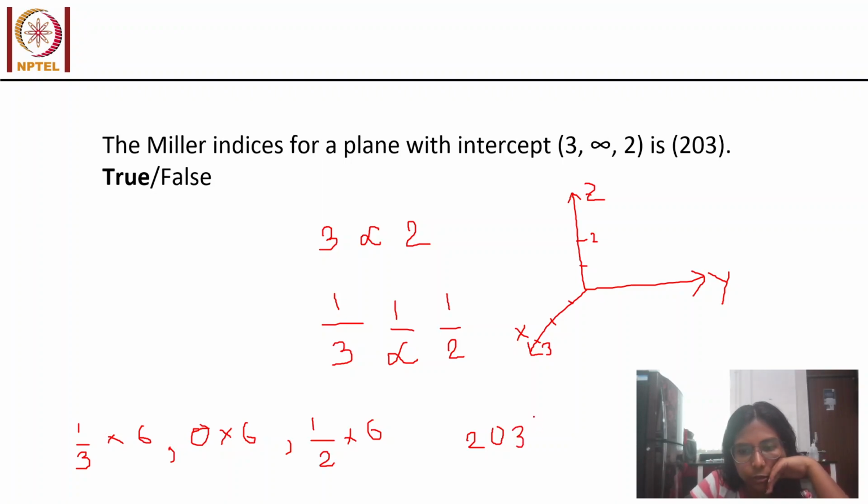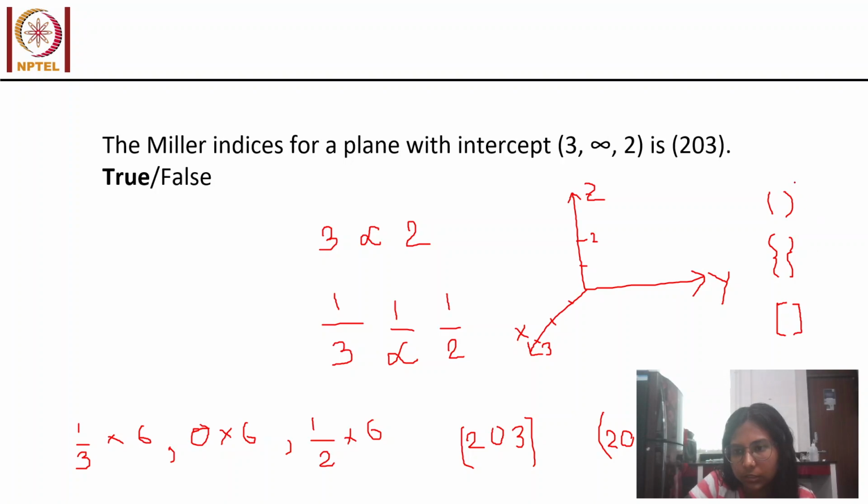And then what should we put? Should we put this bracket or this bracket? There are many kinds of brackets, like in crystallography. We have first brackets, second brackets, third brackets.